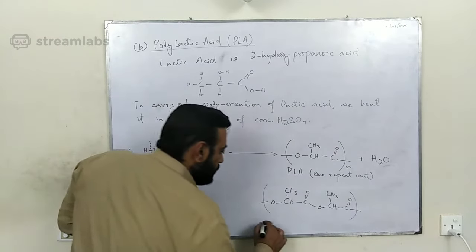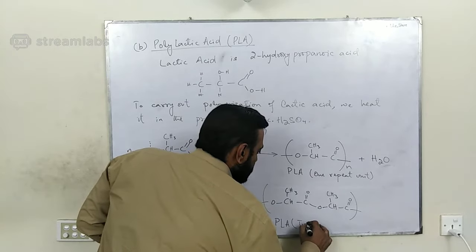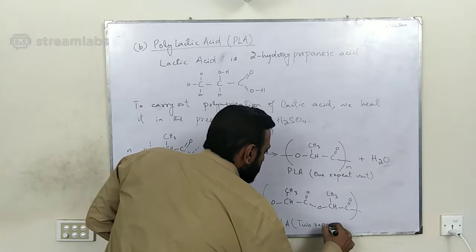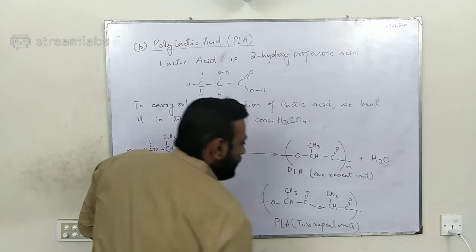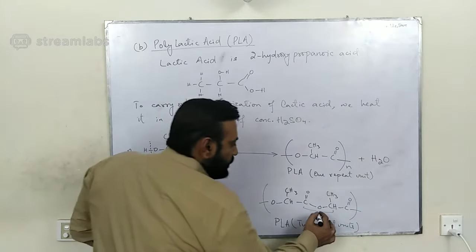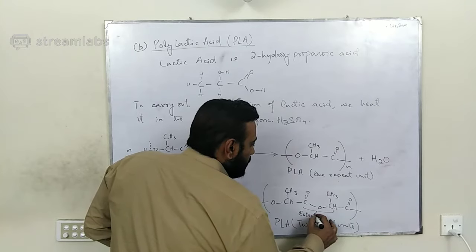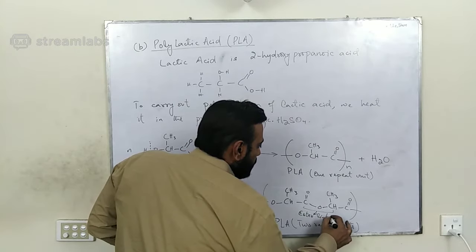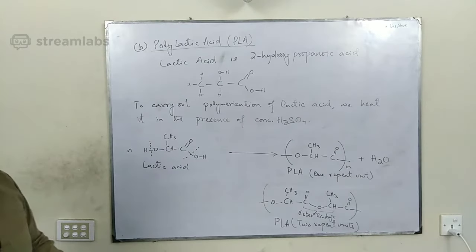See, these are 2 repeat units of polylactic acid. Again, if you try to identify this bond type, this linkage is ester linkage. That means polylactic acid too is a polyester.